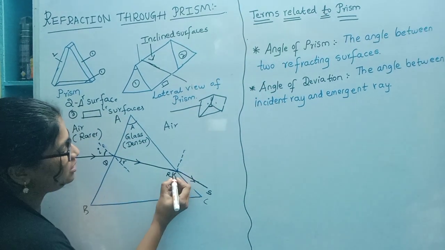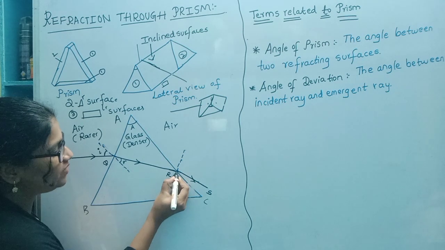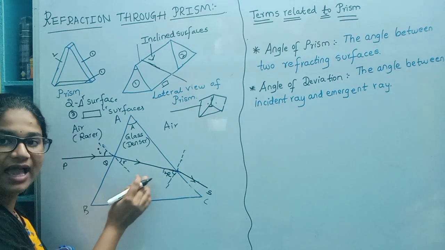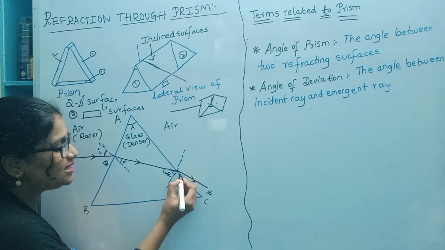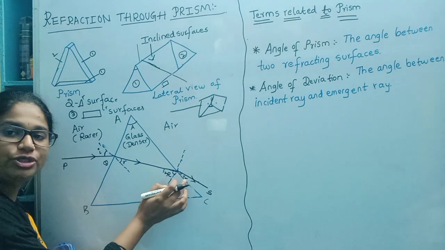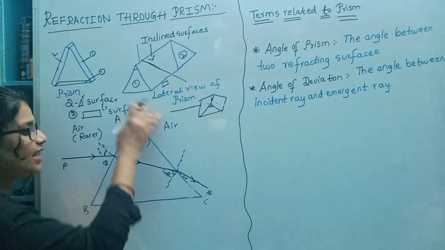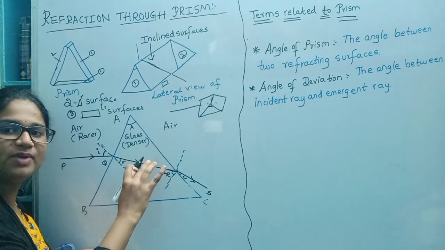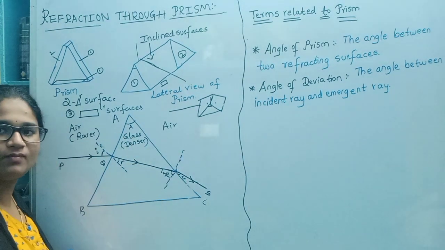Next, the angle between this normal and this ray, we can take as I2, angle of incidence 2, and this we can take as R2, angle of refraction 2 at the surface AC. This is how refraction takes place through the prism.